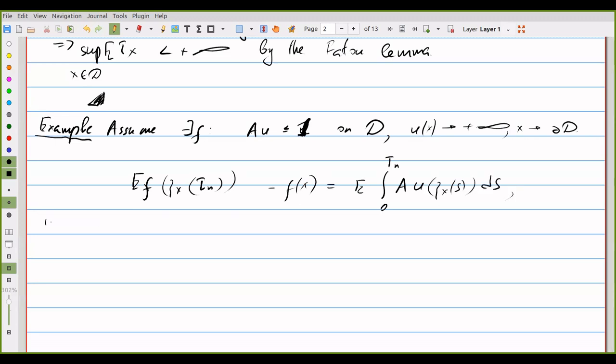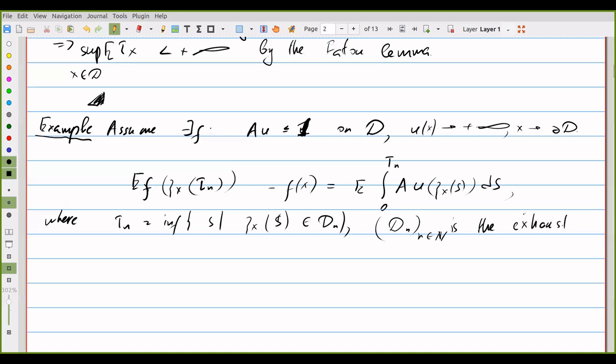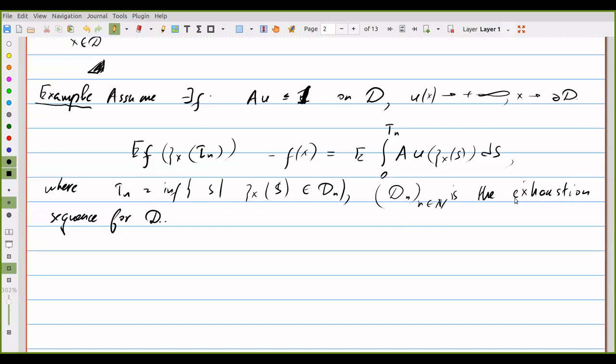And where tau n is the moment our process, say S, leaves Dn, where Dn is the exhaustion sequence for D. So this is a sequence of bounded open sets such that Dn is included in the interior of Dn plus 1 and their union is exactly D.